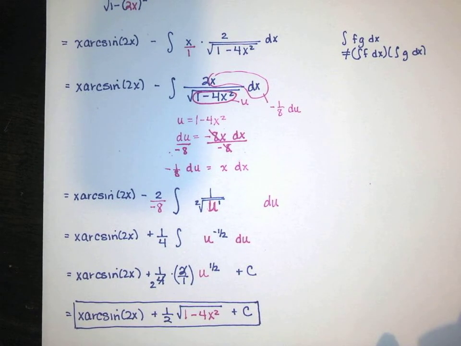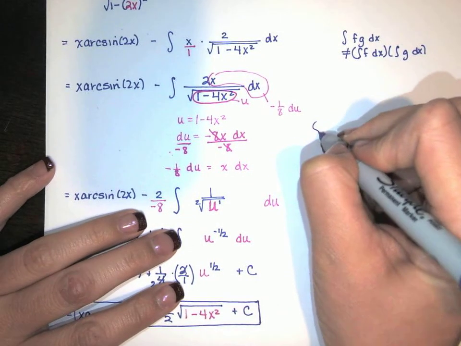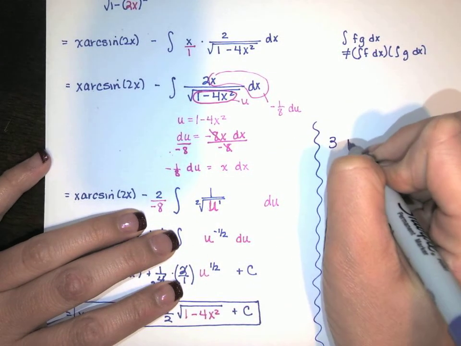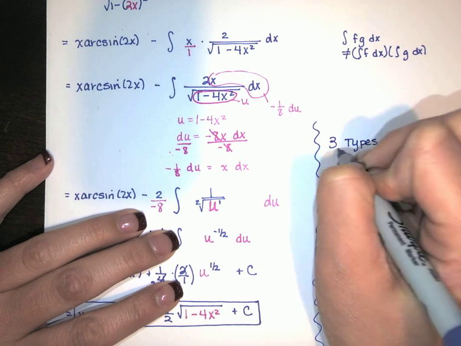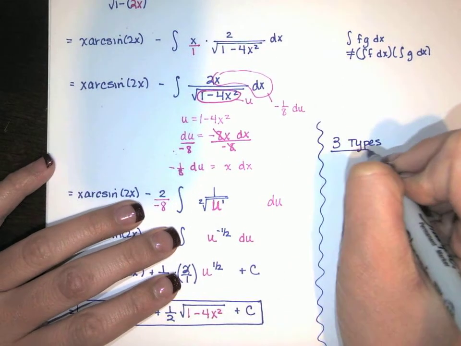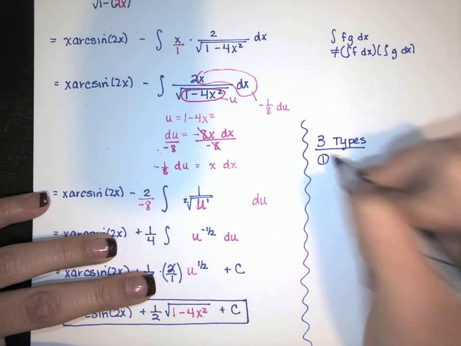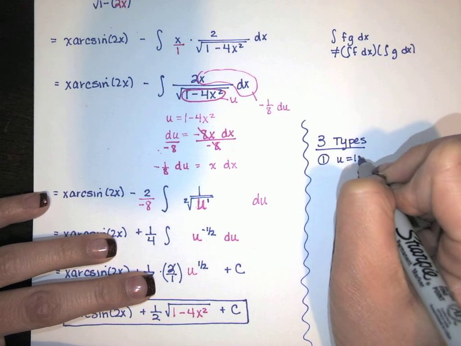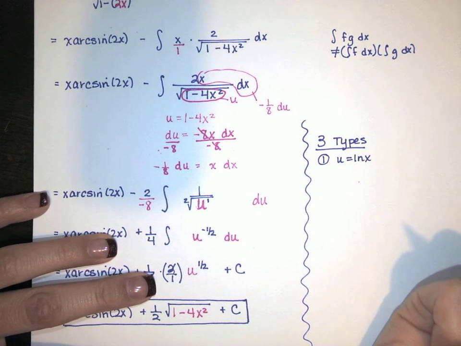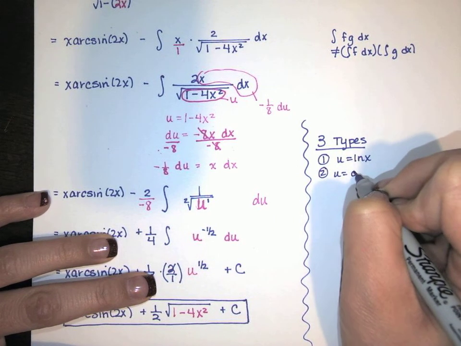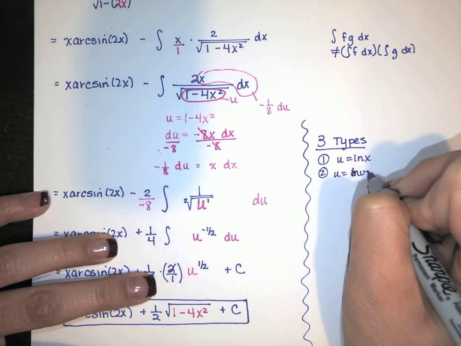So remember, you've got 3 types of problems in our class for integration by parts. Oh, actually, we haven't done the last type yet. You've got the ones where u is equal to natural log of x. You've got the ones where u is equal to an inverse trig function.